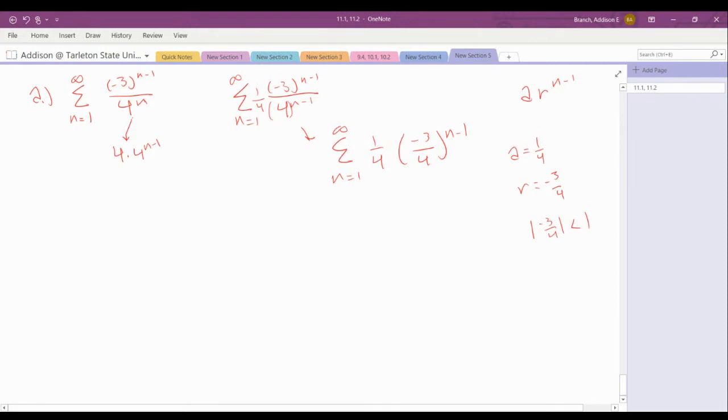Now we can find our sum. Our sum is equal to a times 1 over 1 minus r, so our a is 1/4 over 1 minus -3/4. That's 1 plus 3/4, so we get 1/4 over 7/4, which reduces to 1/7, and that will be our final sum.